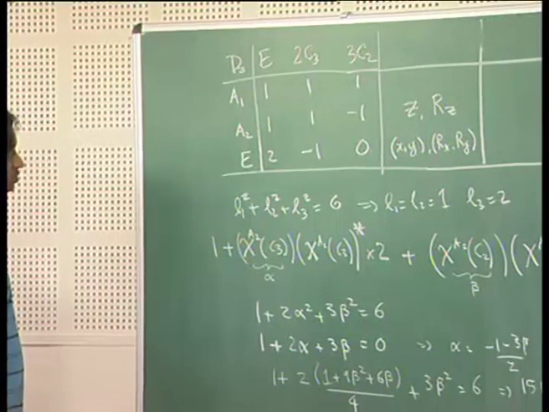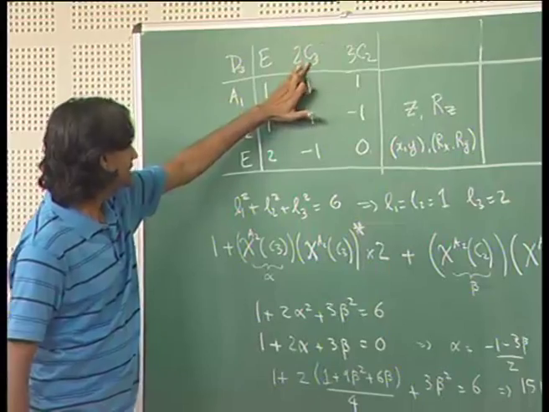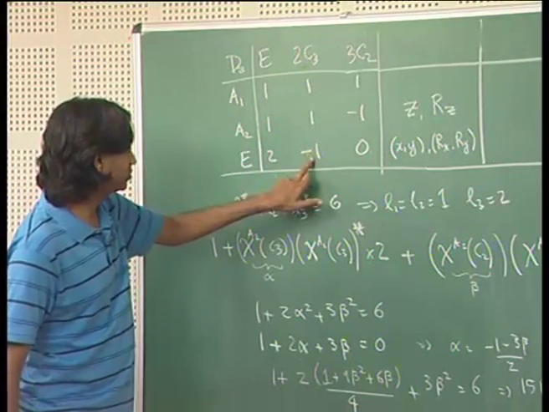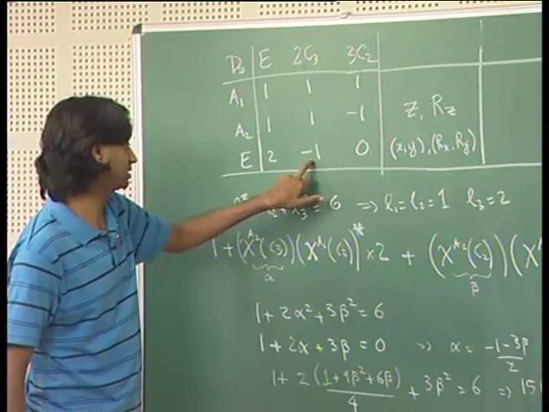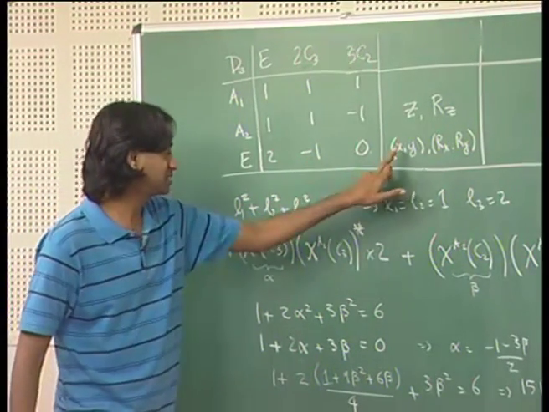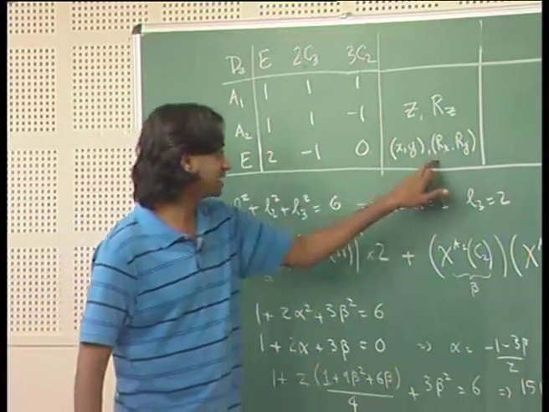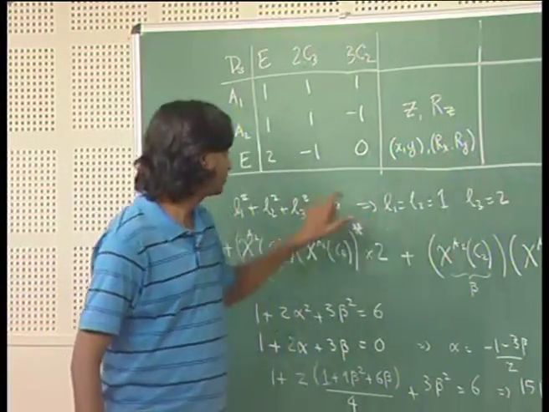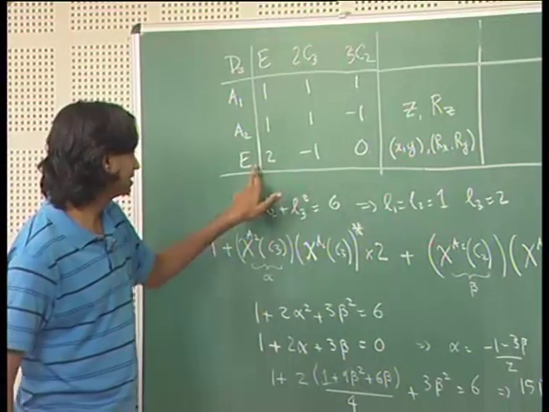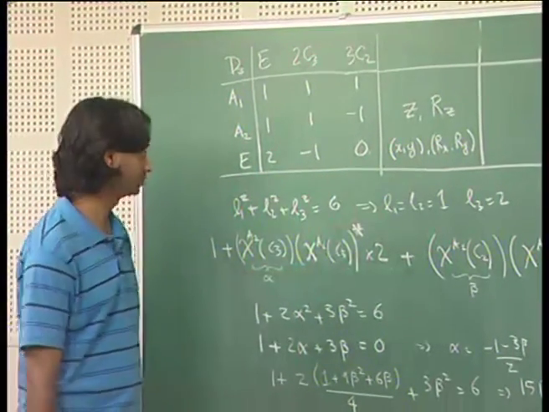So, the point is, if you work out the matrix of transformation for x and y, and you work out for Rx and Ry, what you will find is that their characters are exactly represented by this 2, -1, 0.